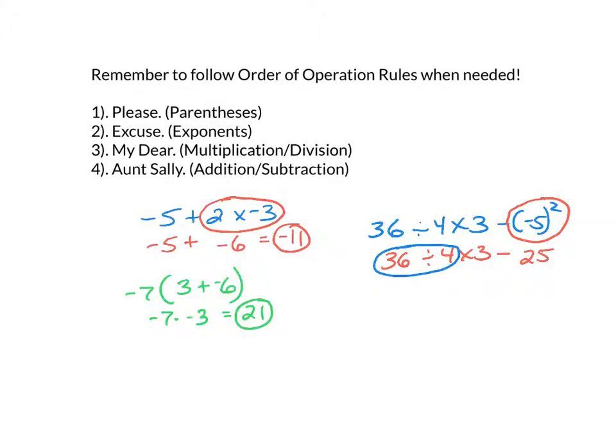I'm not going to do the 4 times 3. 36 divided by 4 gives me a 9. So now I have 9 times 3 subtract 25. And then I'm going to multiply the 9 times 3. 9 times 3 gives me a 27. 27 subtract 25 gives me a final answer for this of 2.